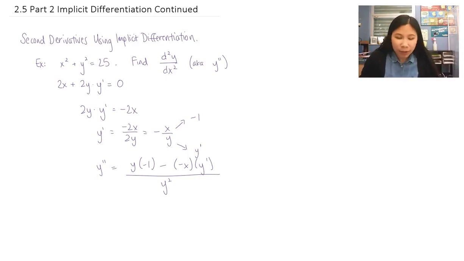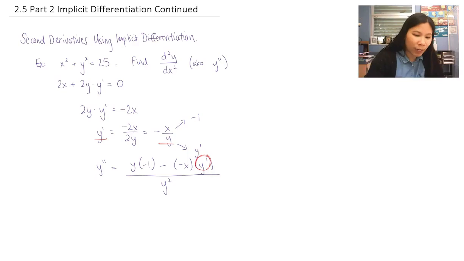I'm just going to simplify this out. Remember, our goal is to get y double prime by itself because we're looking for the second derivative. The only thing is I also don't want that y prime there, because this y prime right here, we actually know what y prime equals. We have that y prime equals negative x over y, so we can plug that in.